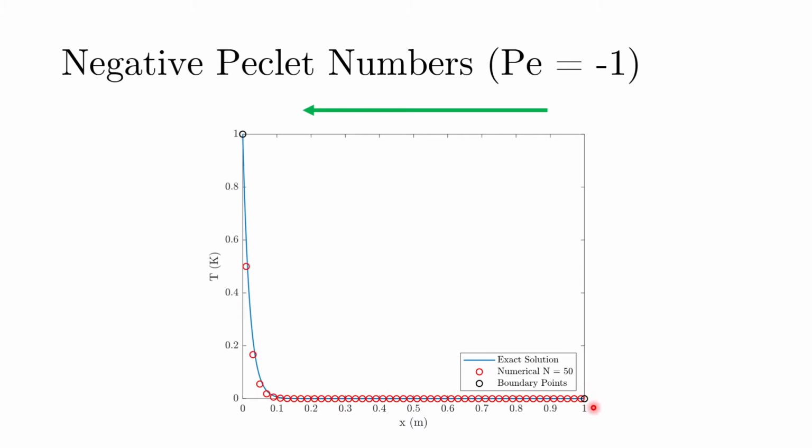You can imagine that because the velocity is going from this point to the other point, that is right boundary to the left boundary, there's a whole lot of influence of this point on all the grid points inside the domain. So that is one thing that we can look at from a physical perspective: the direction of the velocity determines quite a lot about the interior of the domain, and it significantly affects what is going on.